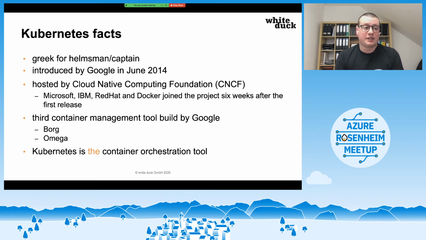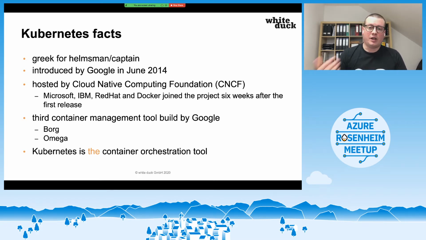Yeah, Kubernetes was not the first container management tool Google built. They built two other ones, Borg and Omega, but those only run within Google to manage Google's workload, so Google Search and the other Google services.